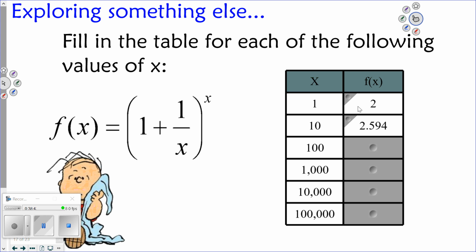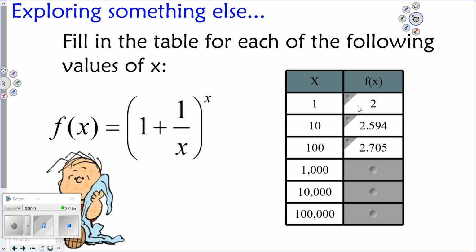It's still got the 2 out in front though, right? What if I put in 100? Does it still end up 2 something? Yeah, 2.705. But it's still got the 2.